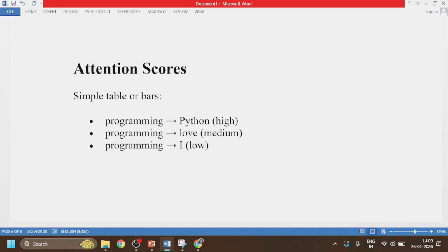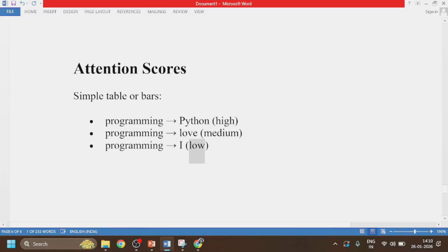You can see here, attention score. The result of this comparison: programming compared with Python is related high, programming related to another word is medium, and programming related to another word is low.